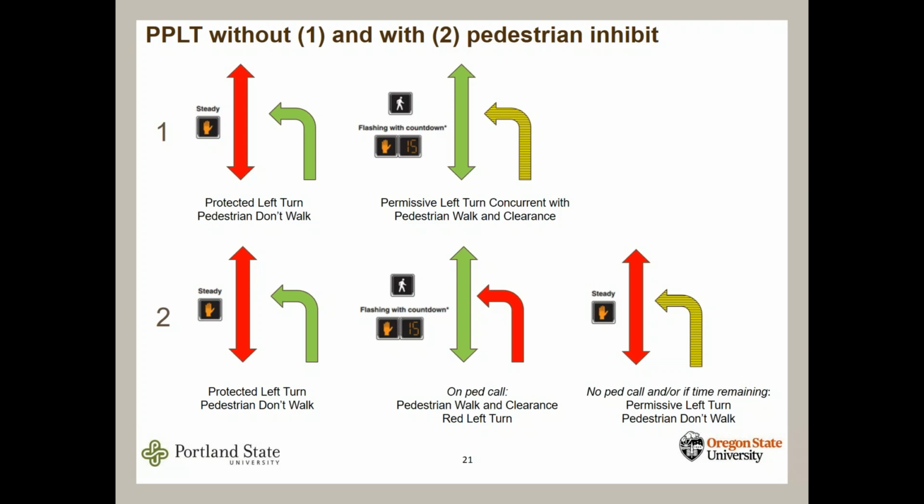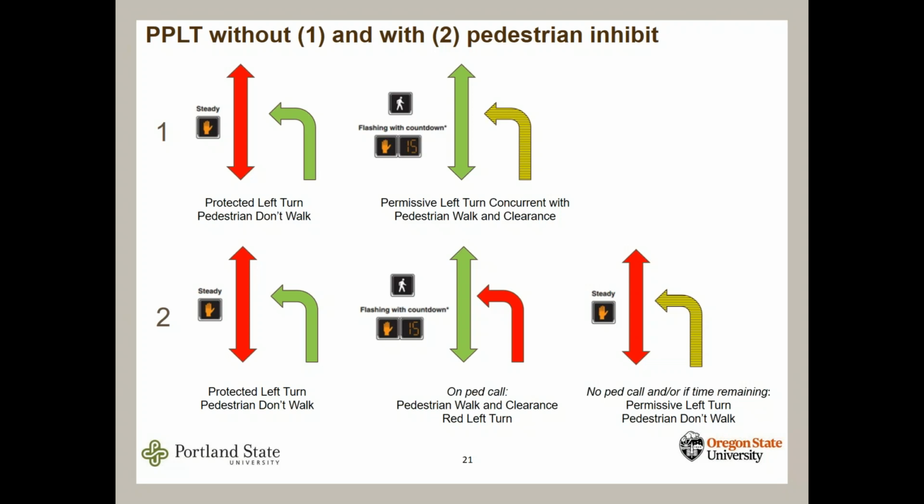And so we know both from Libby's data and our work that that's setting up a potential crash type to happen. So the solution is to not operate that permissive movement when a pedestrian call is activated.